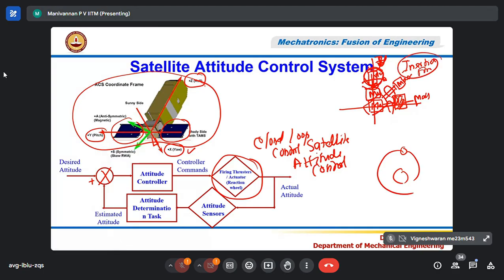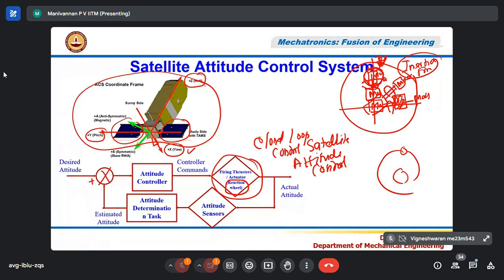So there are two ways of controlling attitude: thrusters, or this inertial system, which is also called reaction wheels. You need three motors aligned with the x, y, z axes of the satellite.